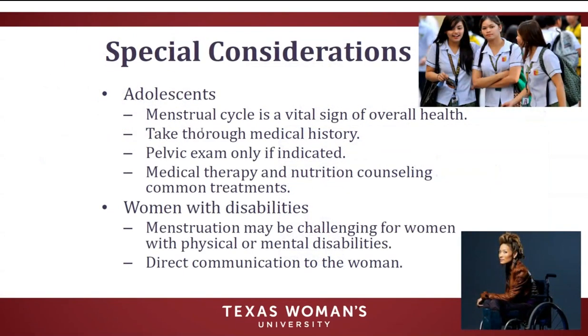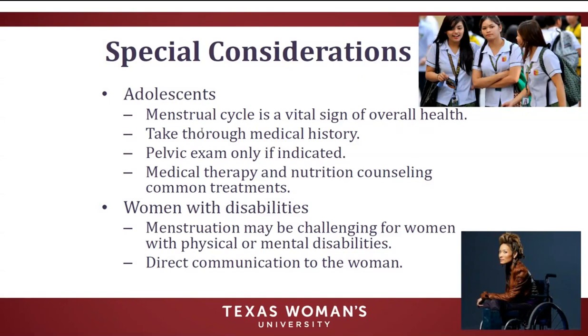For special considerations, in adolescents and young women, we are trying to think of menstruation or the menstrual cycle as a vital sign. So, our menstrual regularity, flow, length do tell us a sign of overall health. So that is where that really detailed medical history comes in.